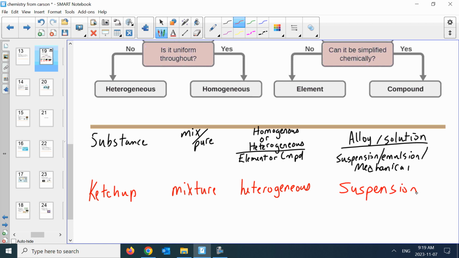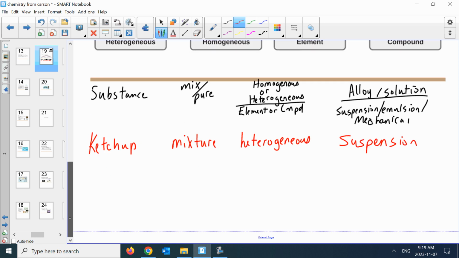Let's go through with another one. Well, gold. Oh, good. Gold is something I brought up. Is that mixture or pure? That is pure gold. We're just saying it's not like jewelry gold. It's just one type of element, and they even put the symbol down here on this chart. So it is an element.